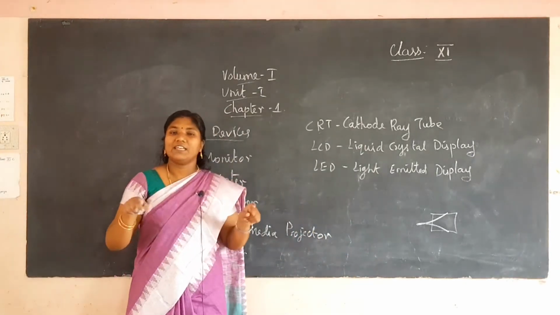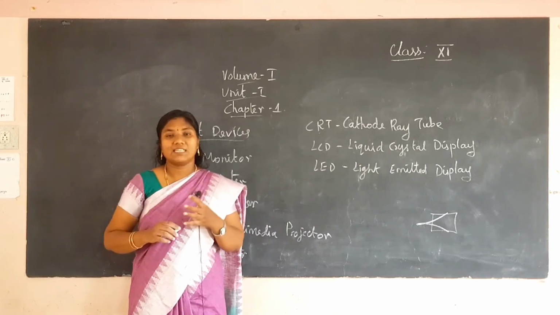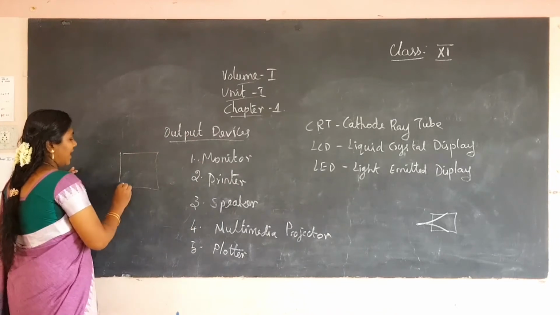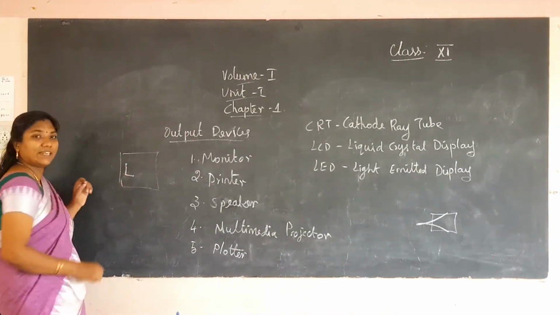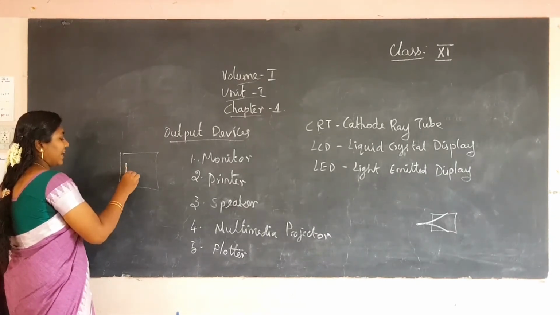In the monitor, the images on the screen are displayed with the help of pixels, that is picture elements. If you want to display a character L on the screen, the L is made up of many tiny dots.